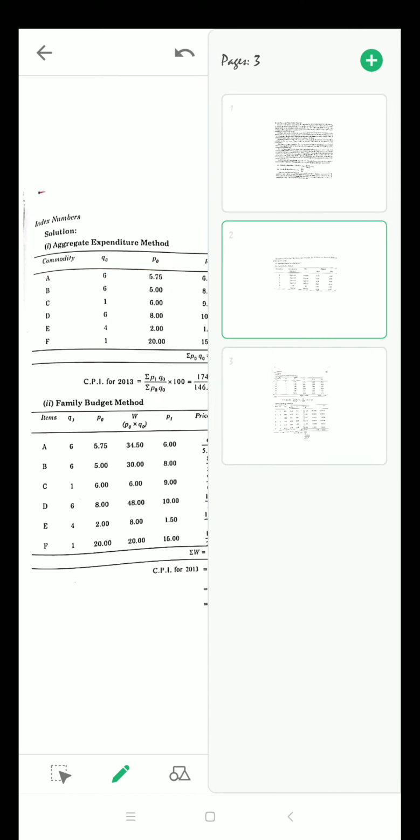Prices in 2012 are: commodity A 5.75, B 5, C 6, D 8, E 2, F 20, and in 2013 they are 6, 8, 9, 10, 1.5 and 15. This is the given question, and next we'll go for solving the problem.